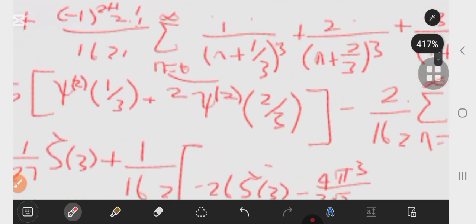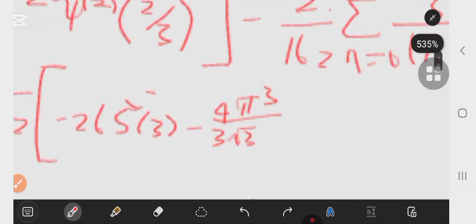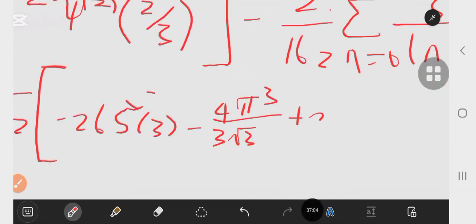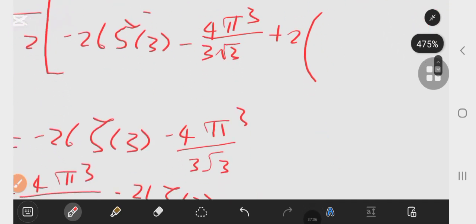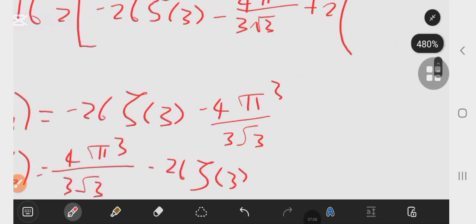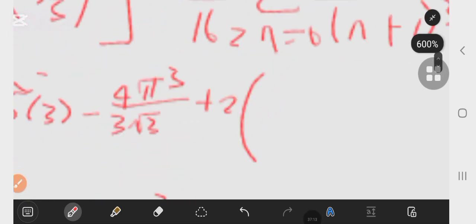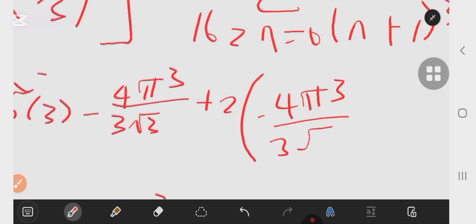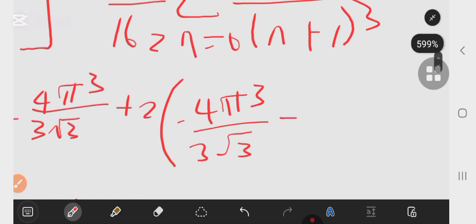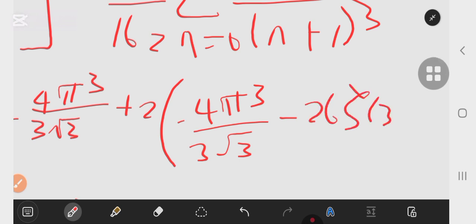Plus 2 Trigamma 2 over 3. So I have plus 2 all into what is Trigamma 2 over 3? Minus 4 pi cube all over 3 root 3 minus 26 zeta 3. Okay, right.